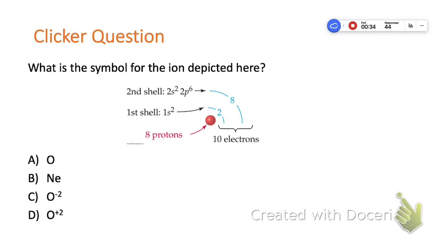Check with your neighbor after you've determined your answer. A couple more seconds.